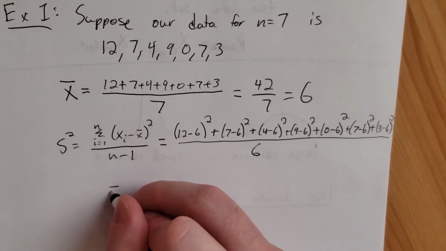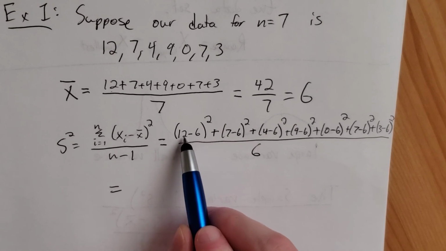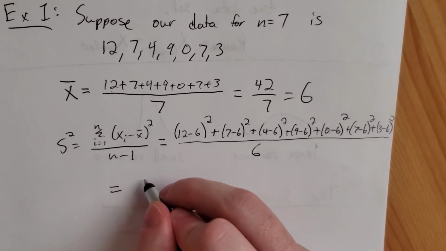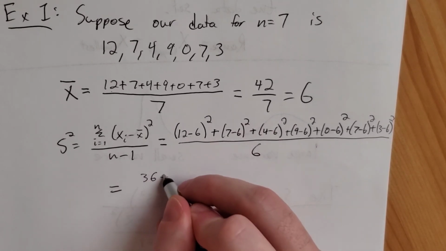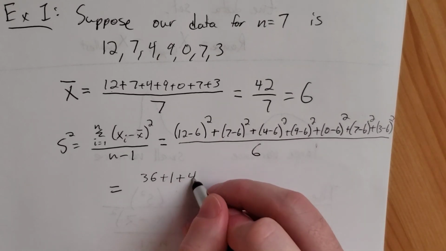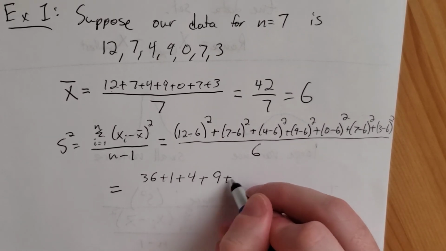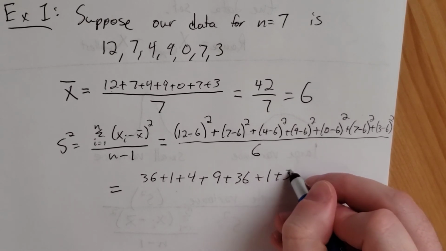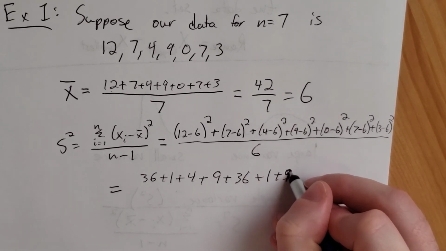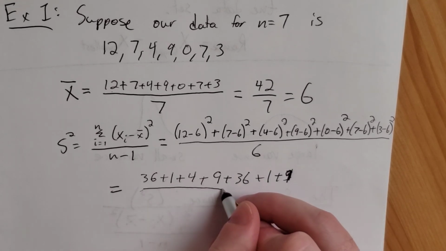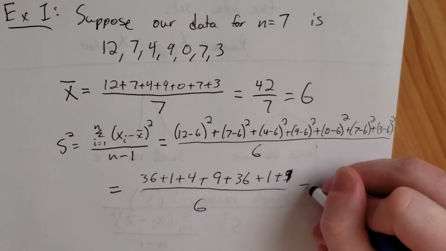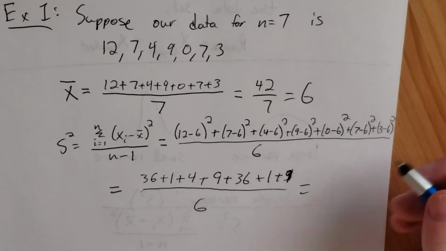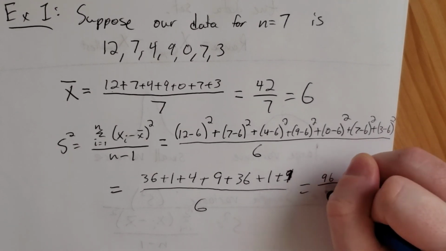And what is that? Let's see. This would be 12 minus 6 is 6. So 6 squared is 36 plus 1 plus 4 plus 9 plus 36 plus 1 plus 9. All of that divided by 6. This all added up together should be 96.